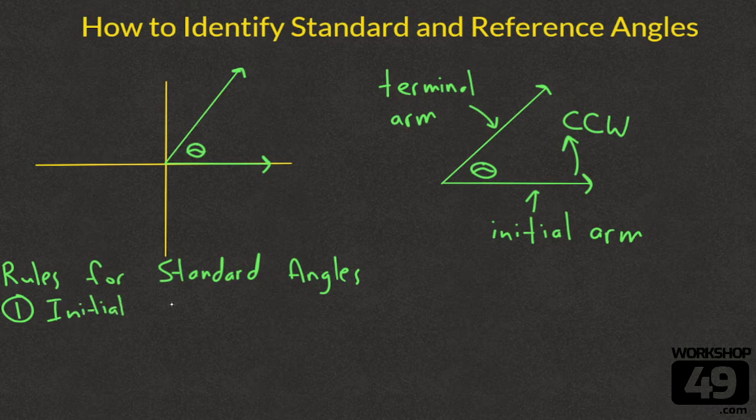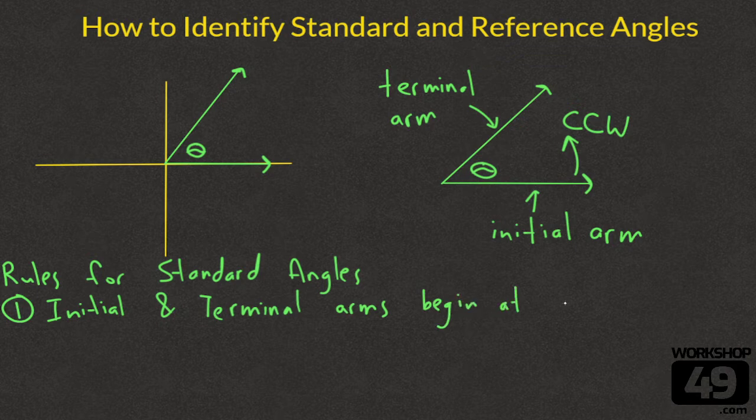Initial and terminal arms begin at the origin. You cannot just begin your angle anywhere you want in order for it to be a standard angle. It has to begin at the origin.